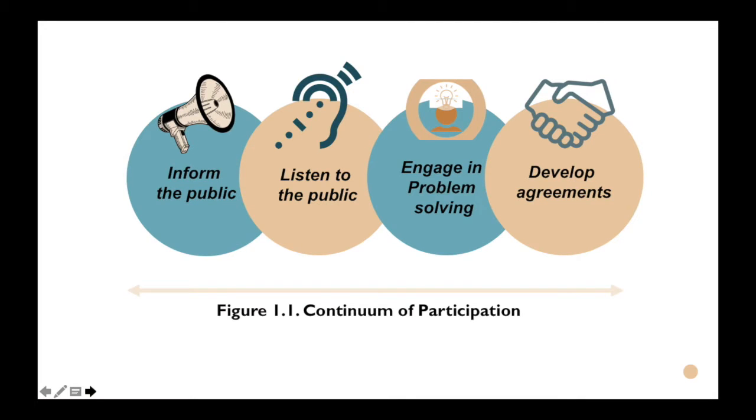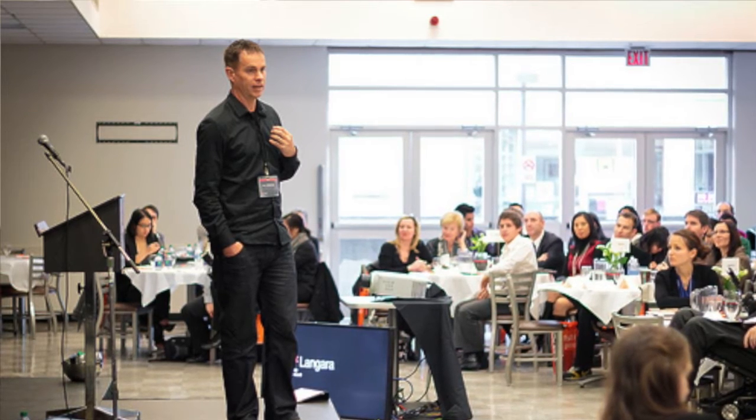According to this figure that comes from the International Association of Public Participation, public participation is actually best understood as a continuum. So in this continuum, there's different levels of interaction between governments and the public, ranging from informing to listening at the one end, to engaging in problem solving and developing agreements between the agency and the public.